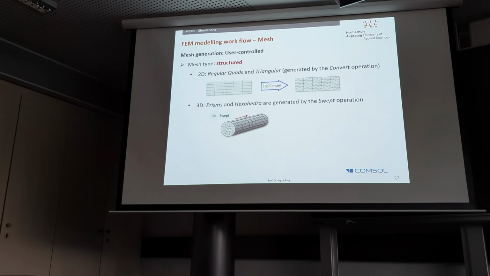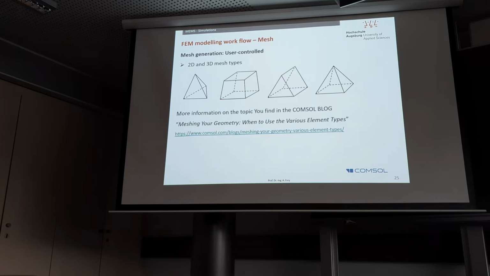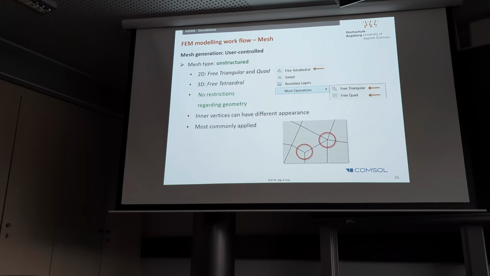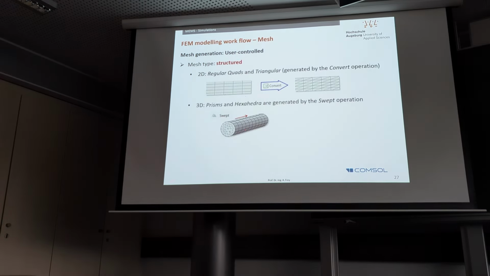This is something I should maybe already motivate a little bit, when that might be useful. Obviously you could mesh that thing with TETs, tet elements. They always work. So why might you consider using that swept operation to mesh it in that way?